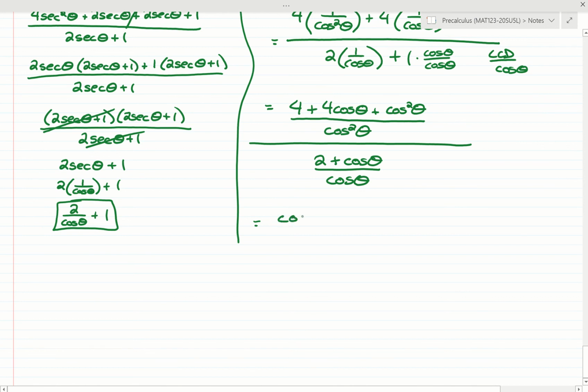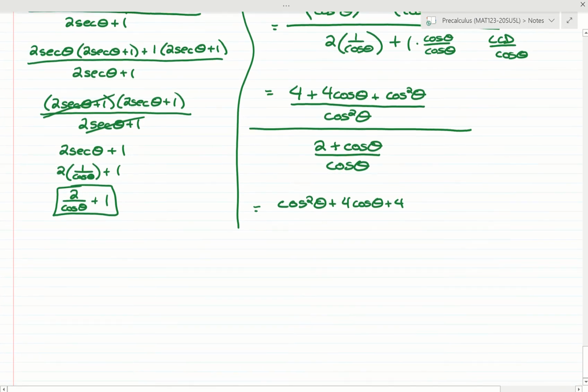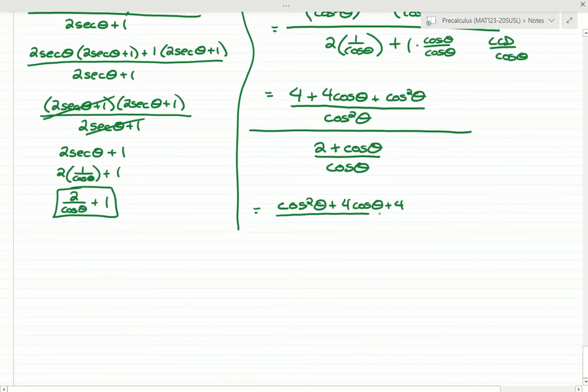I'm going to rewrite this as cosine squared of theta plus 4 cosine theta plus 4 over cosine squared of theta. I'm going to be dividing by 2 plus cosine over cosine. So that just turns into multiplying by the reciprocal.